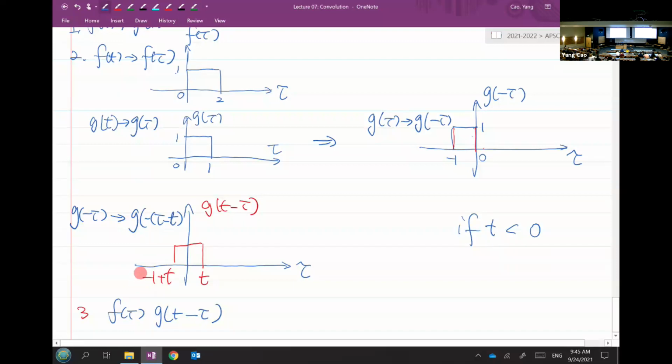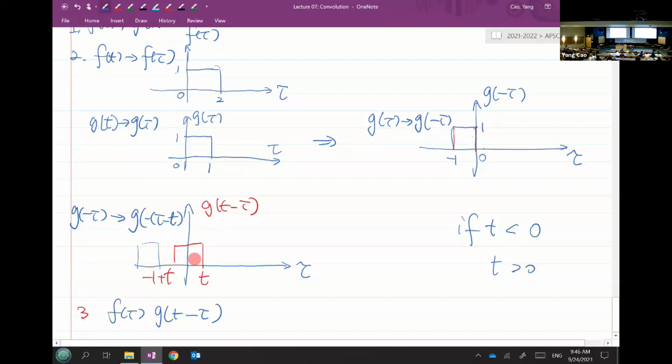So you can visualize, if t is less than 0, you multiply this graph with a box over here. So guess what? You will end up with what value? 0, right? So that's what I need you to see at this step, in your head, graphical vision. That's what happens when the shifting value t is less than 0. Okay. So if t is greater than 0, the drawing looks like this, right? And you will have a non-zero overlap portion.